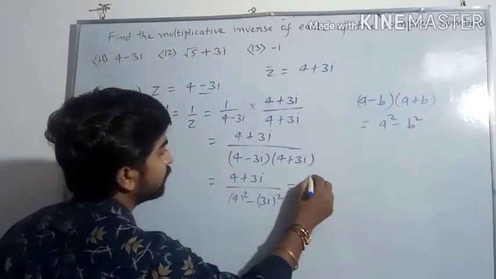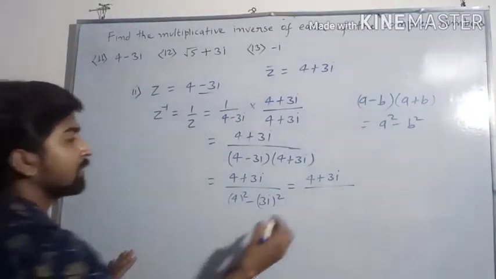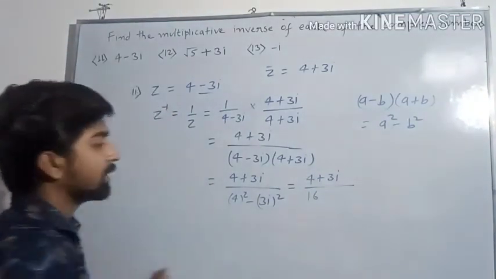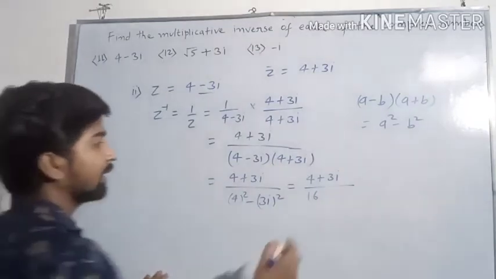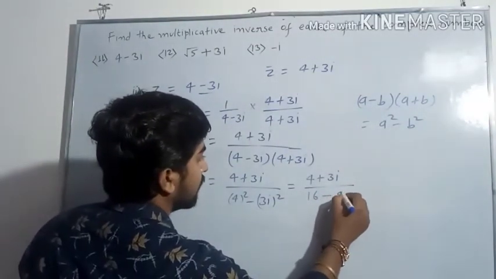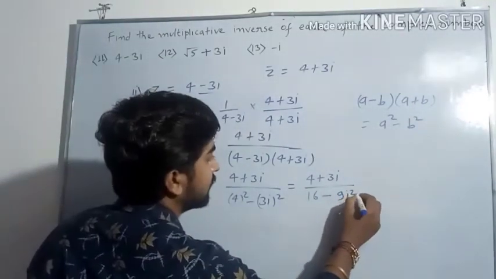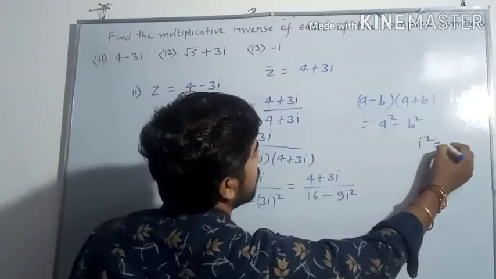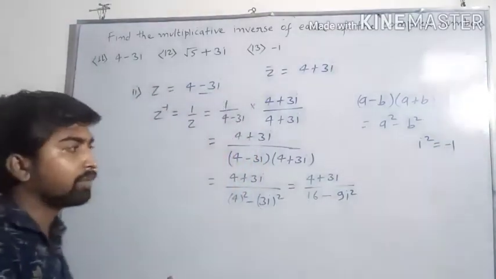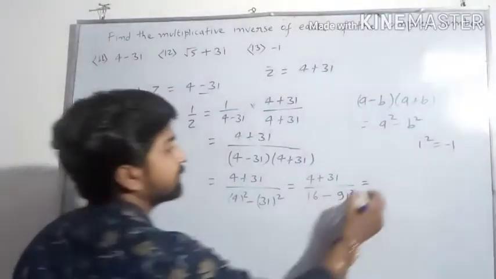We get 4 plus 3i upon square of 4 minus square of 3i. Square of 4 is 16, and square of 3i is square of 3, which is 9, and square of i. Since we know square of i equals minus 1, we put minus 1 in place of i square.